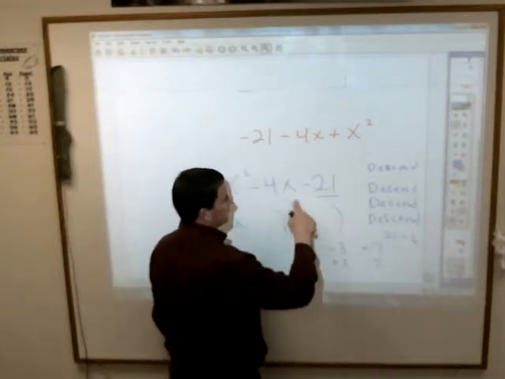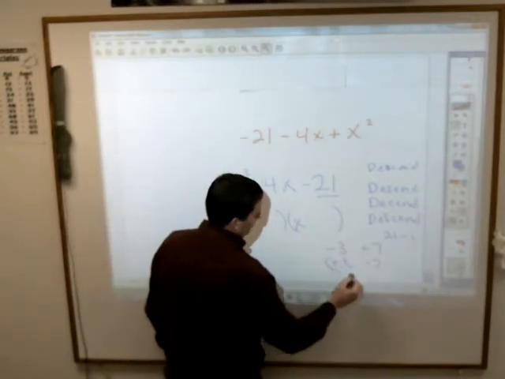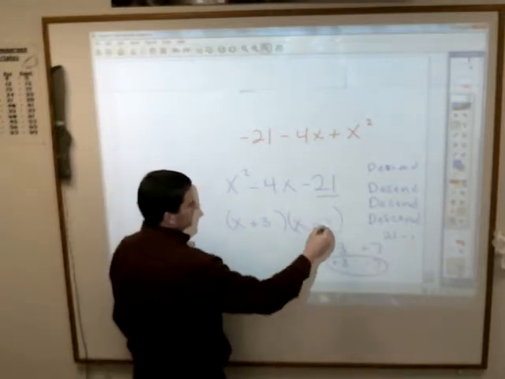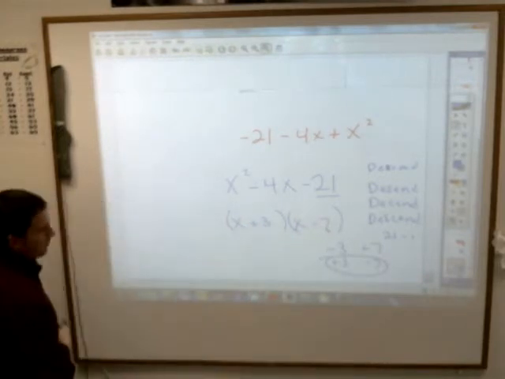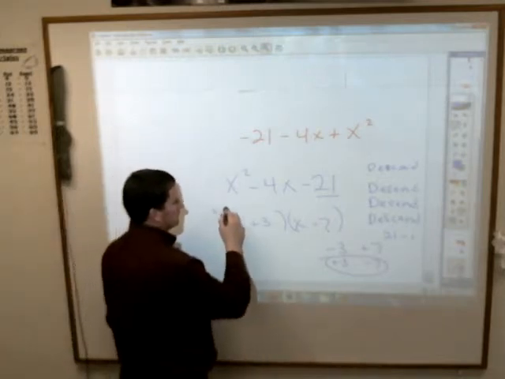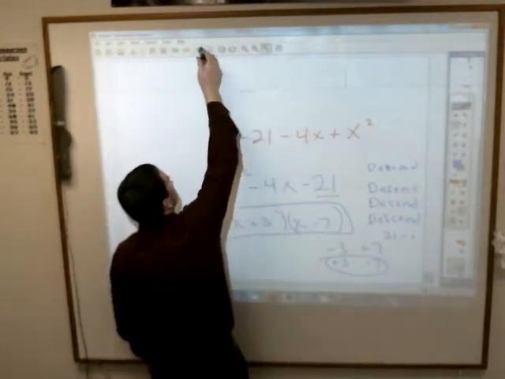But you know that's not going to work because that's going to give you a difference of 22. Which one gives you the minus 4x? That's that one there. So plus 3 minus 7. Yeah, the only way to get a plus and a minus is to find this. Is everybody relatively excited and happy about that?